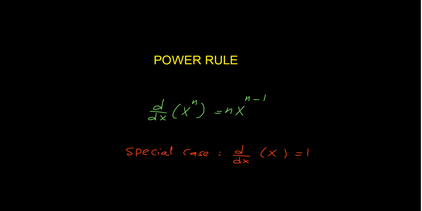Let's cover some examples. First, I'm gonna cover basic examples like the derivative of x cubed. 3 is a constant, we bring it down, then we subtract 1.